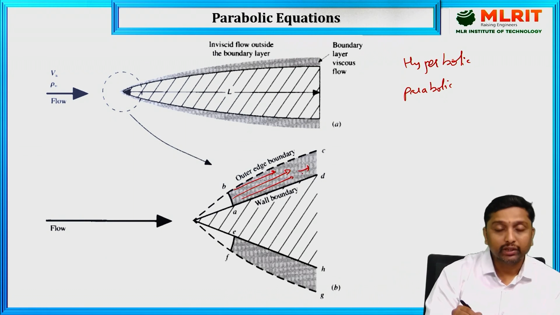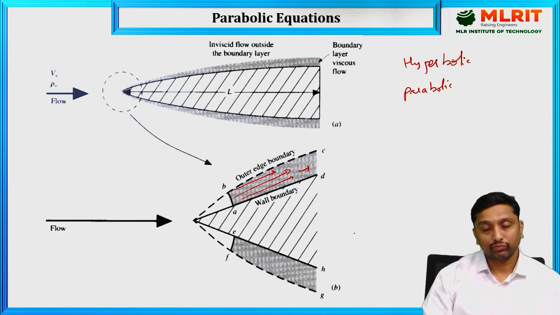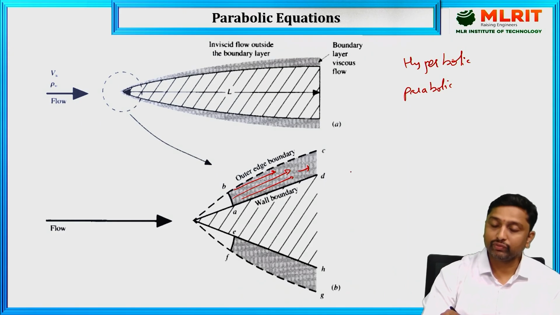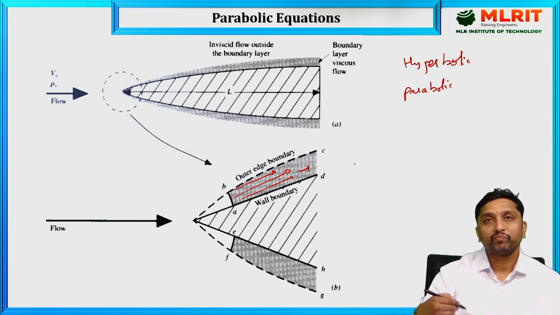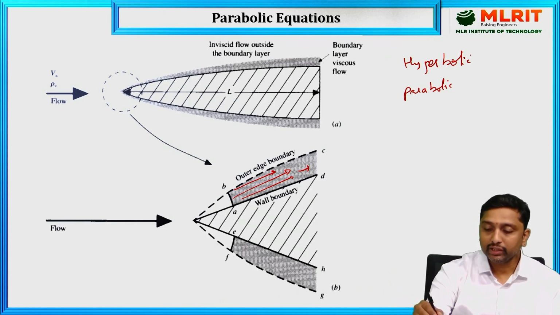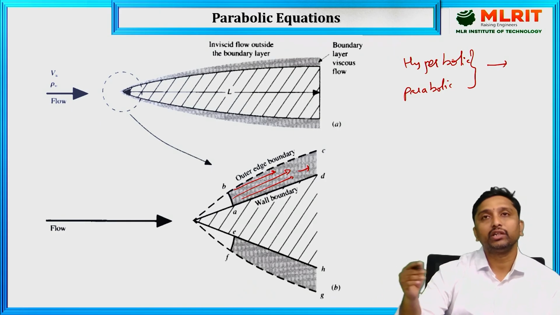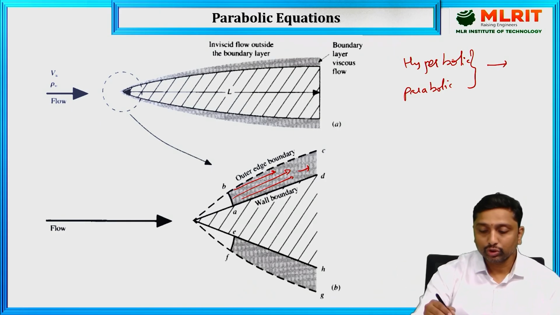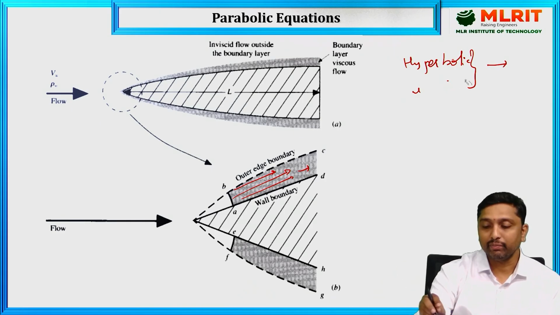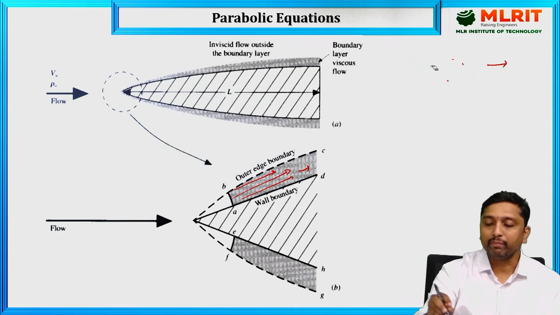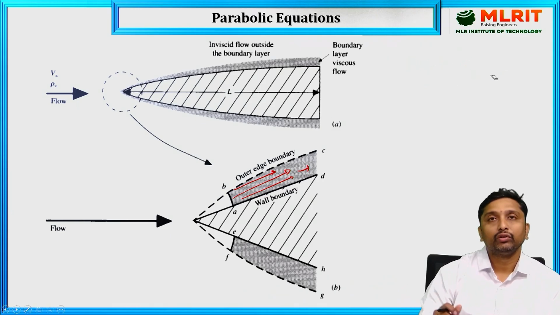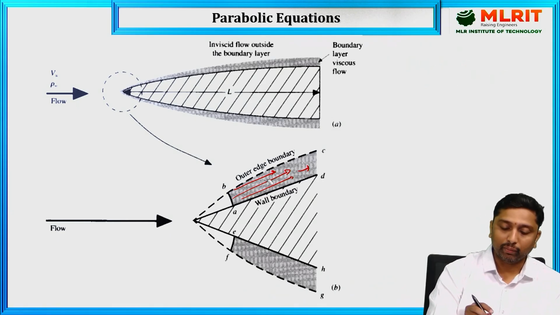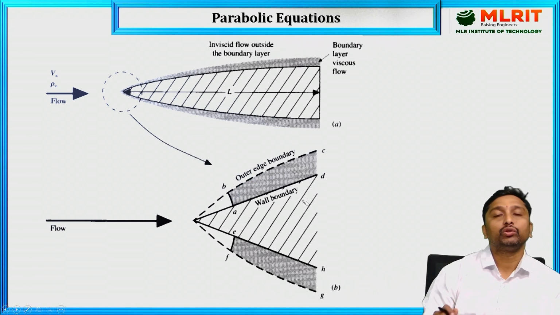So this is the region of influence for this case, and for shock waves we have seen that it is the region between the shock waves as the region of influence. If we observe, these will travel only in one direction, that is the downstream. So the solution for these kinds of equations can be obtained directly through time marching solutions.